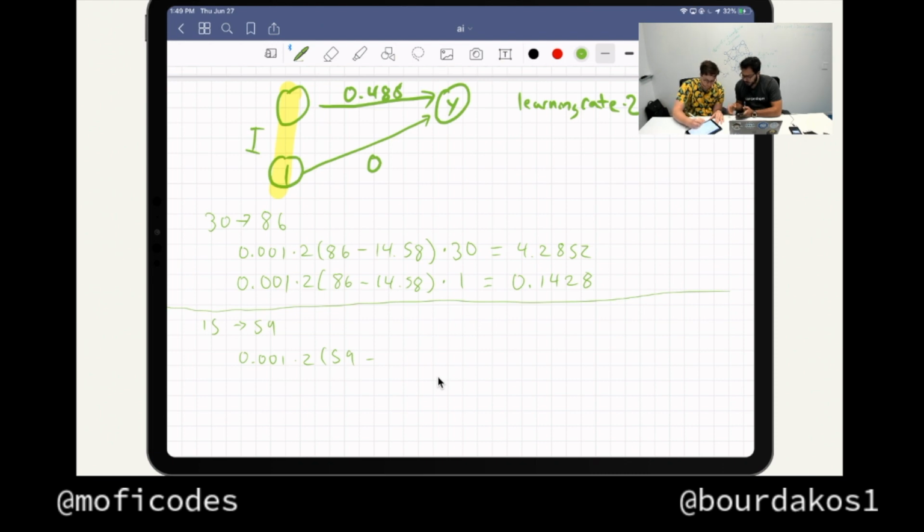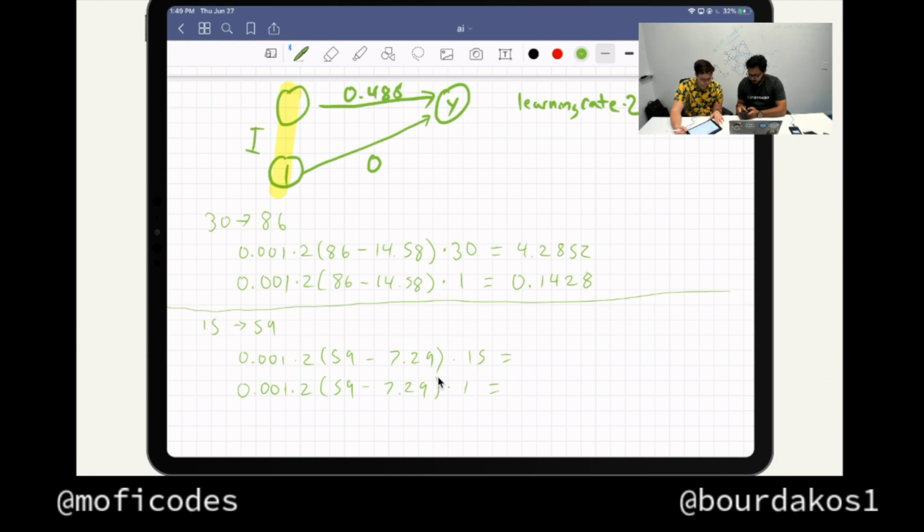That is 7.29. Times 30? I think this time it's 15. Oh, yes, you're right. Look at you, smarty pants. Well, I'm more excited about finding a mistake than anything else right now. So I'm motivated. So 59 minus 7.29, times 1 for bias.